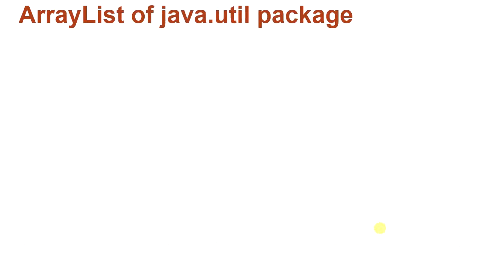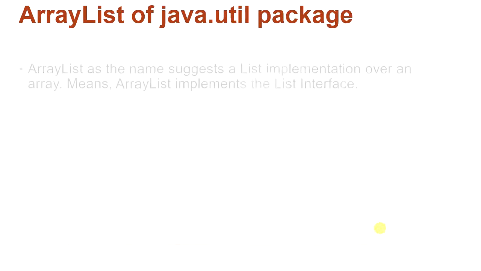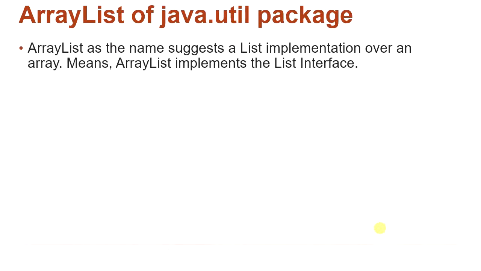The ArrayList is part of the java.util package. ArrayList, as the name suggests, is a list implementation over an array. That means ArrayList implements the list interface.